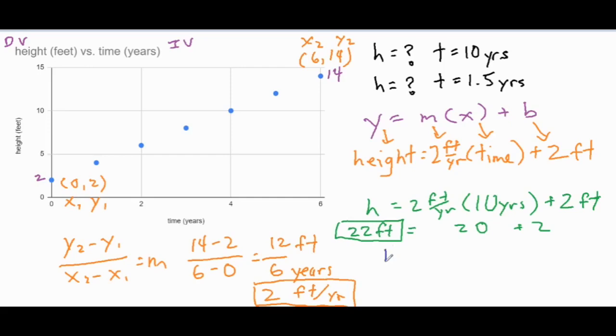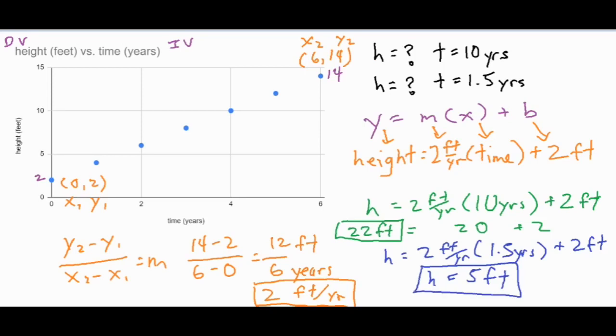So we have h equals 2 feet per year times 1.5 years this time, plus 2 feet. So 2 times 1.5 is 3, and then plus that 2 is 5. So our height is going to be 5 feet.